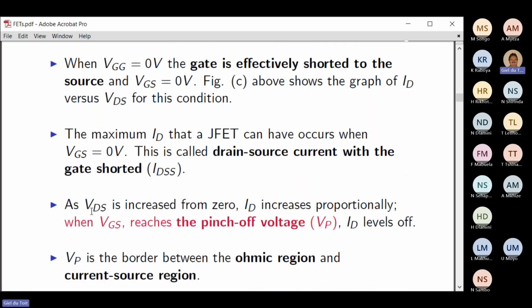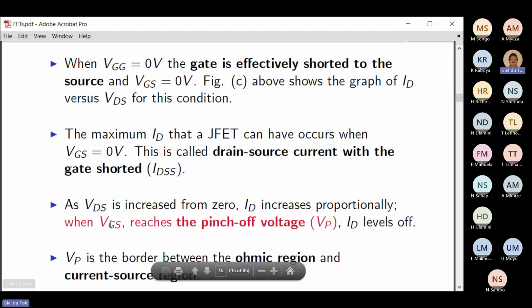However, as the drain source voltage is increased from 0, the drain current increases also. So the power supply over the FET, if we increase that voltage, the current will also increase proportionally.